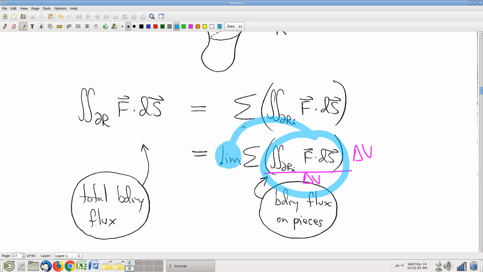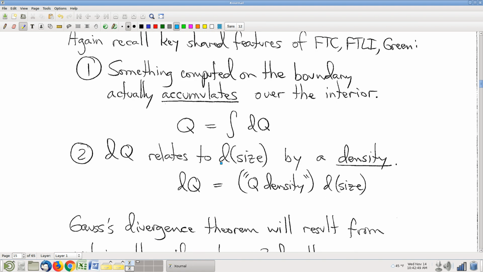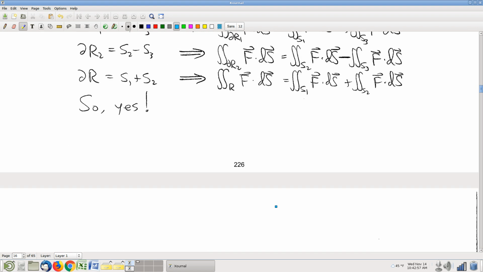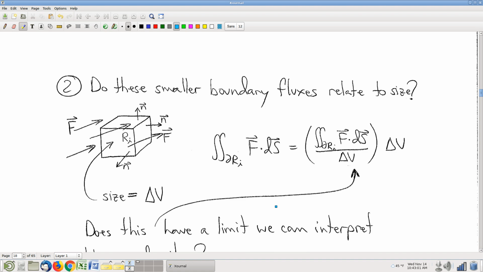Everybody see how that's the next question? Again, going back to our program here, we've got a boundary computation that does accumulate. We want to know, is there an associated density? So the answer to that question is yes.